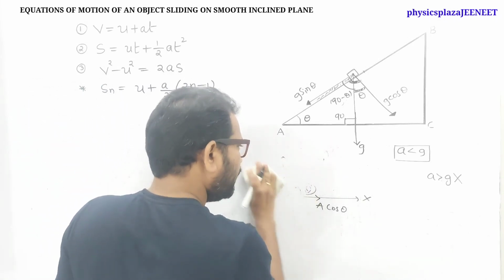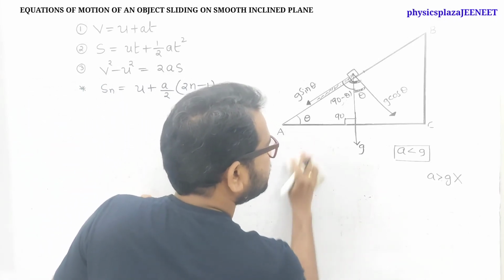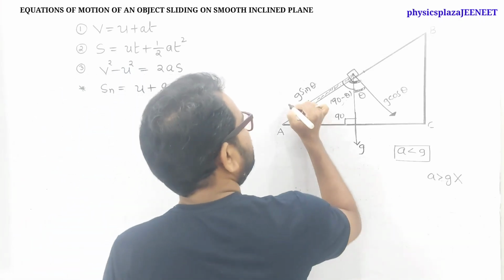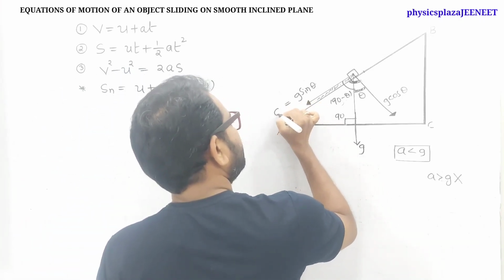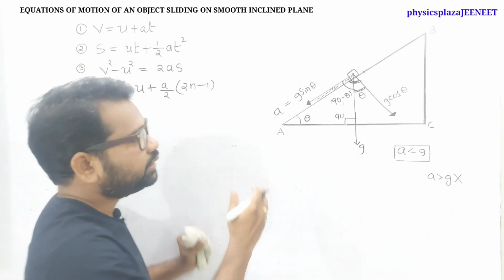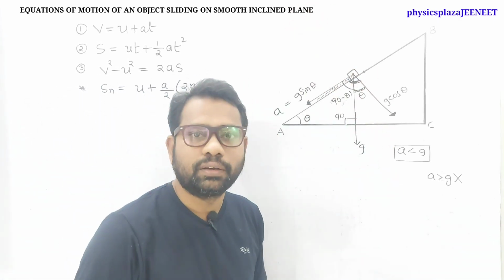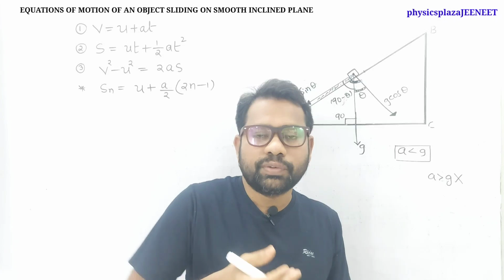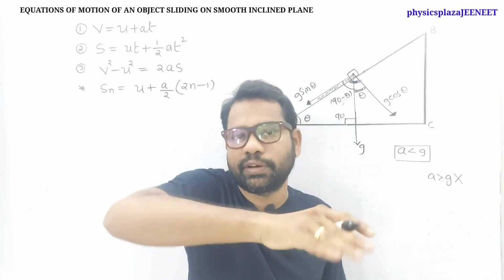Fine. Now we got to know with what acceleration the body is going. This is the acceleration with which it is sliding. Children, try to understand, very important. This is not a vertical motion. In vertical motion, whether it is an upward journey or a downward journey, the G value is negative only.